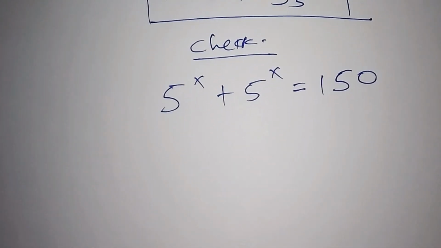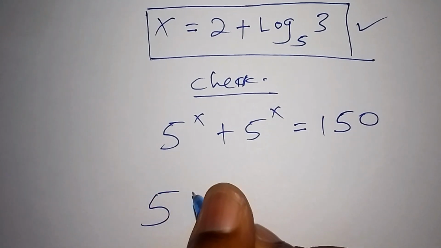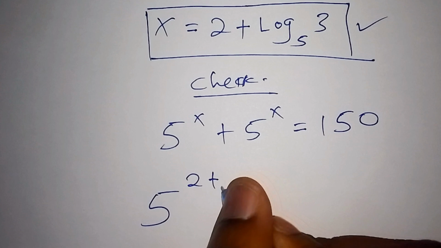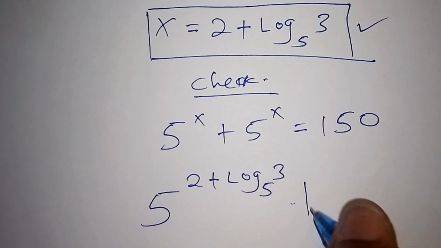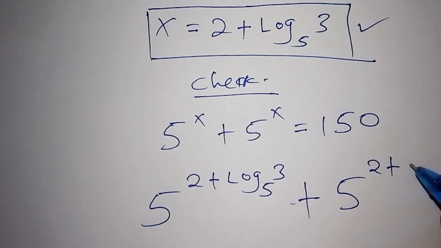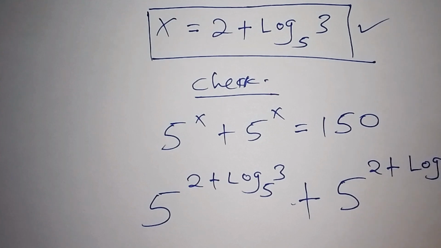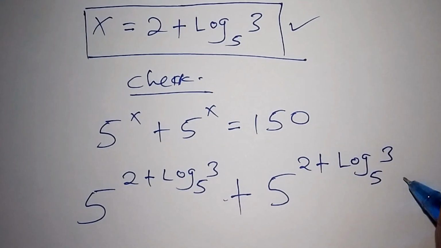So we have 5 to the power of 2 plus the log of 3 to base 5, plus again 5 to the power of 2 plus the log of 3 to base 5, which should give us 150.